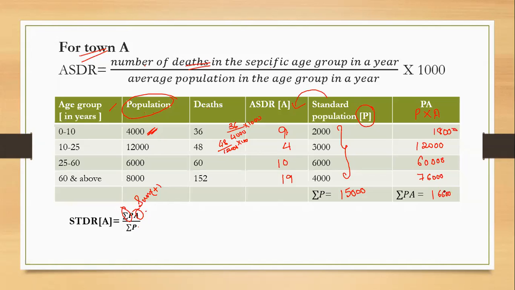1,66,000. Okay. Now, immediately you have to apply the formula. What is the formula for town A? Standardized death rate of town A is equal to summation PA divided by summation P. So summation PA is 1,66,000 divided by the total summation P, that is 15,000.